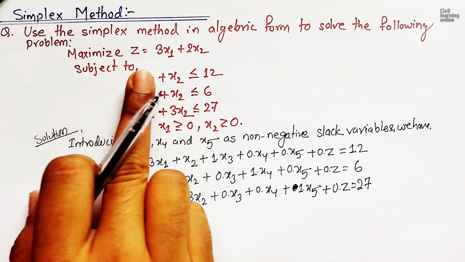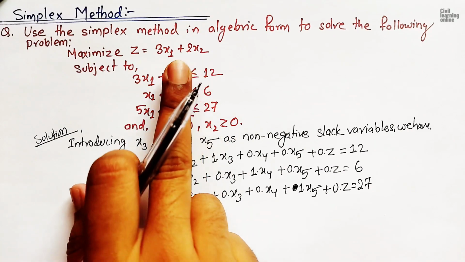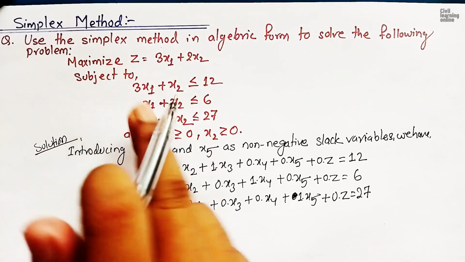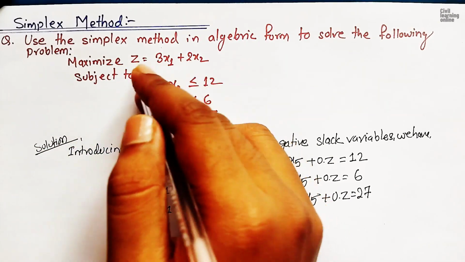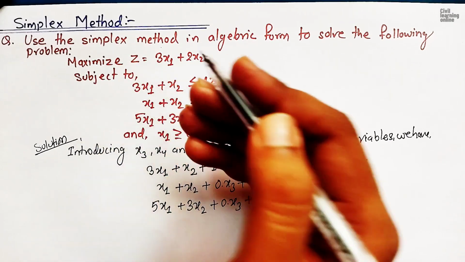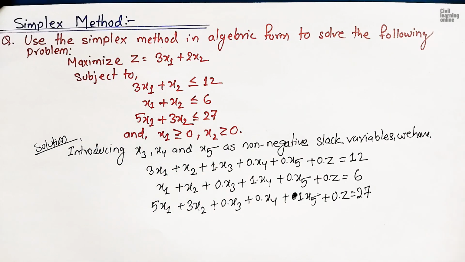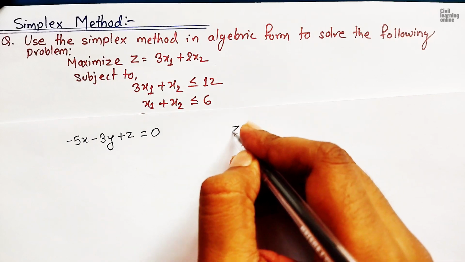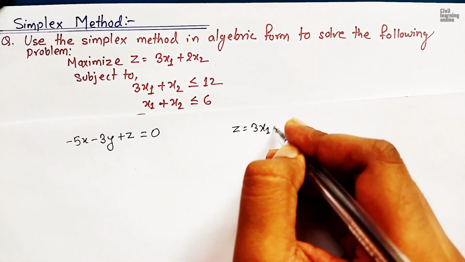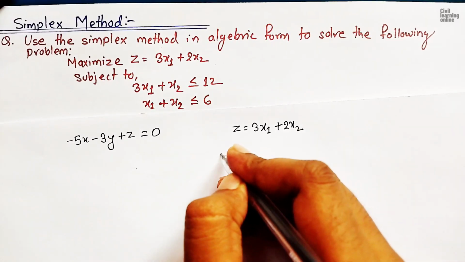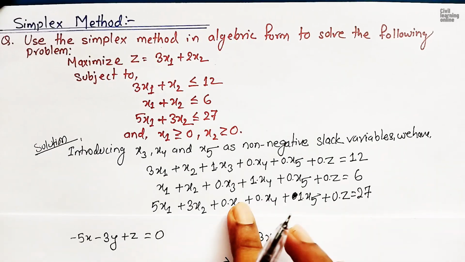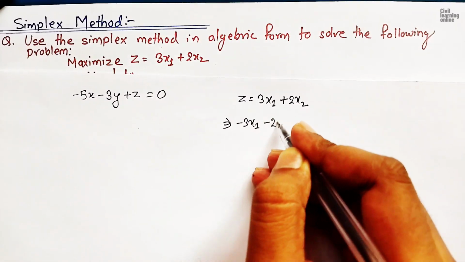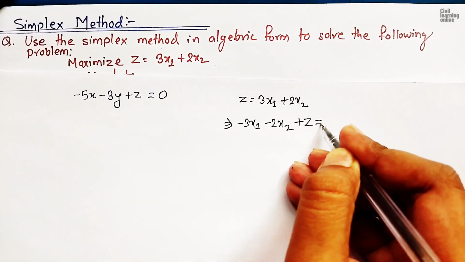Now it's time for the objective function. In the objective function, we have to bring these 2 elements to this side. So we will have minus 3x1 minus 2x2 plus z equals 0. Our objective function is maximize z equals 3x1 plus 2x2, so while making it an equation we write it as minus 3x1 minus 2x2 plus z equals 0.